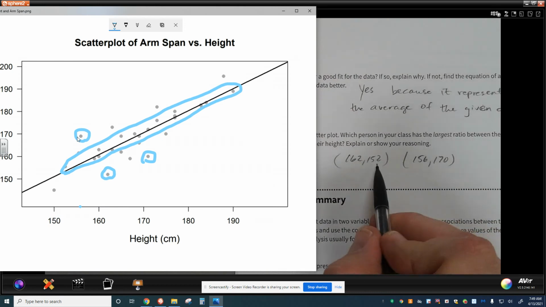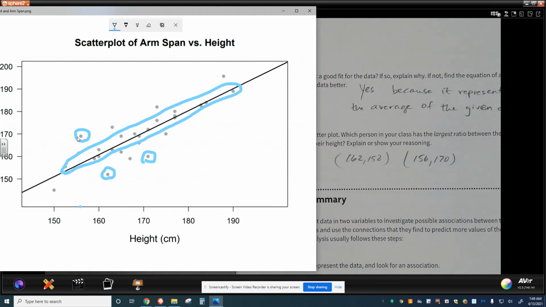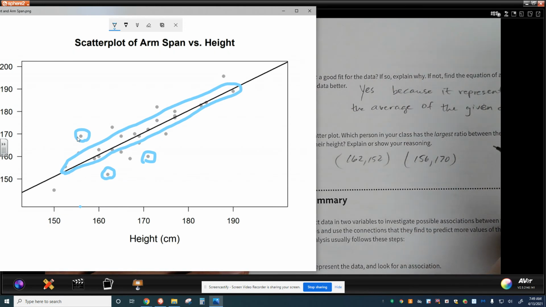And you can see that there's quite a difference in the ratio of those values compared to the ones where you have approximately 160 and 159. This ratio right here is fairly close to that line that's given with y equals x.